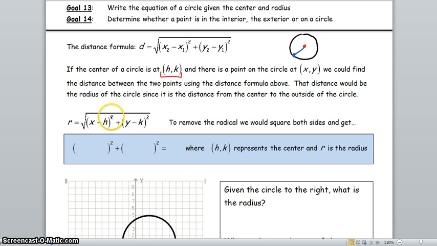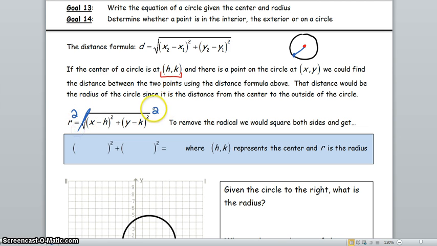So if I take the distance formula and just substitute r for d, that gives me that the radius is equal to the distance between those points. X and y here represent this point on the circle. H and k represent the center of the circle. Removing the radical, I need to square both sides.